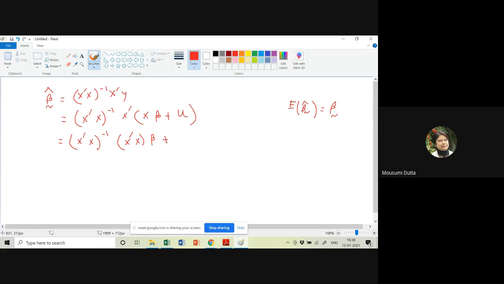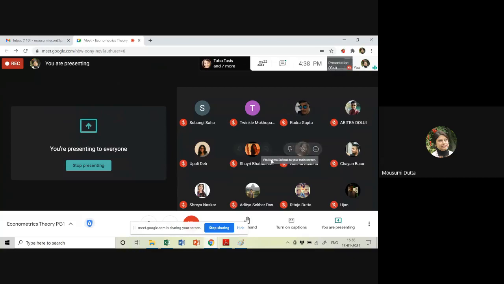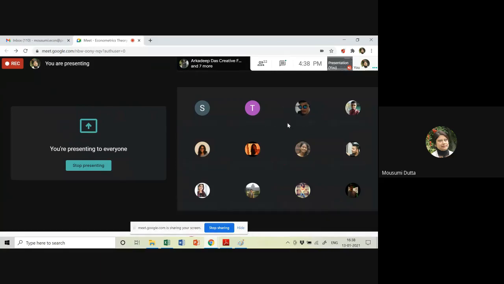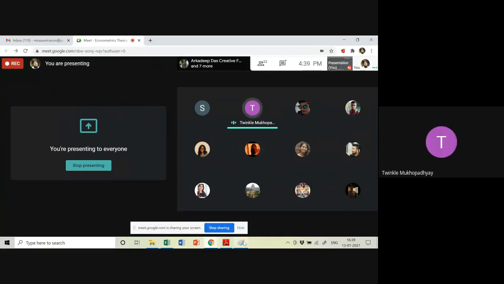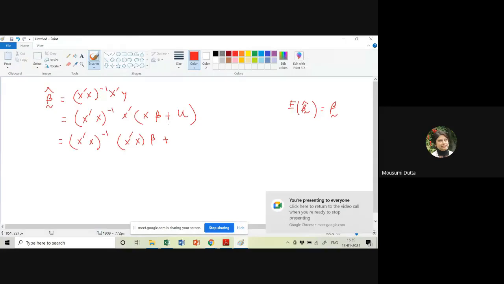And what will be the second term? Ujan: x prime u. Only x prime u. It will be x prime x inverse x prime u.